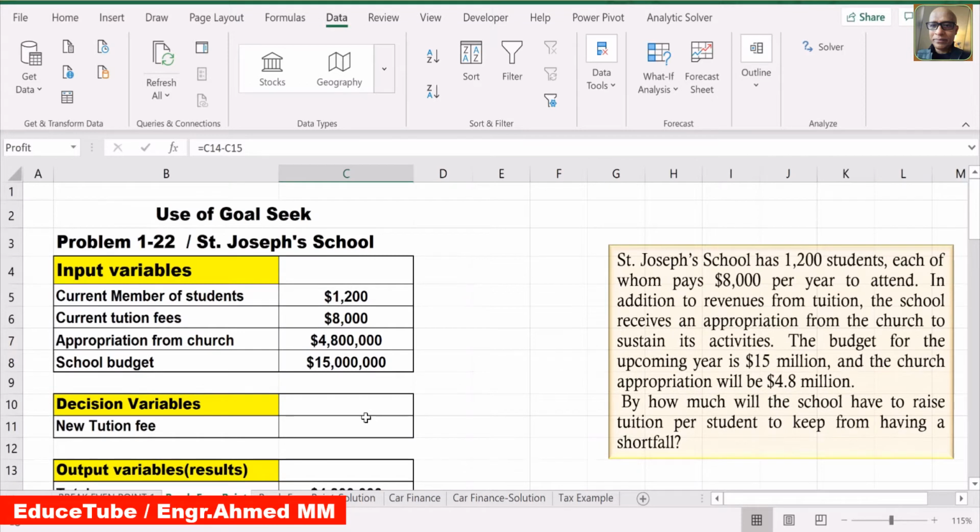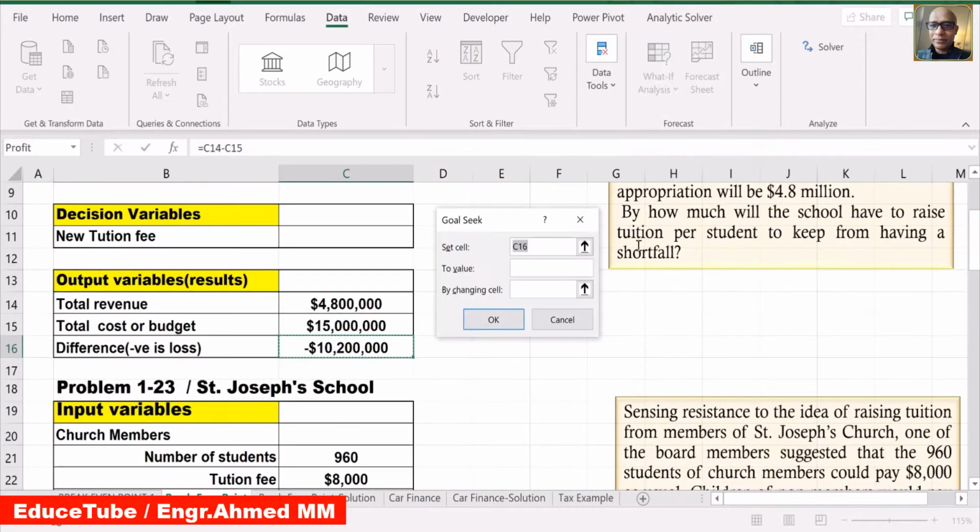Now to get this tuition fee, which is our target according to the question, we go to Data, What-If Analysis, Goal Seek. We select this value, because to keep from having a shortfall we have to set these values to 0, by changing the new tuition fee.